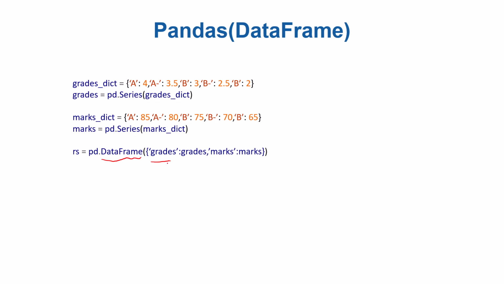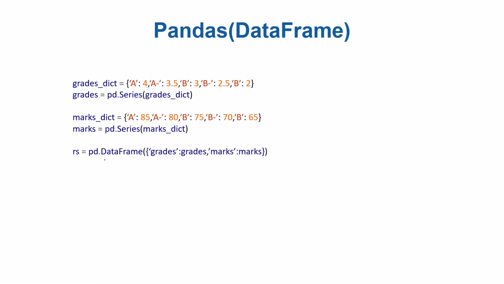We may have two-dimensional data structures, and the data frame is much more powerful, particularly for reading data from files and manipulating it. We will see that in the next video.